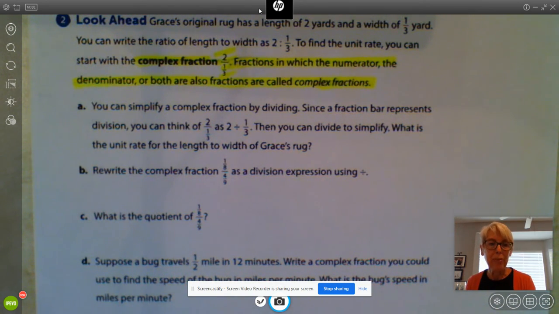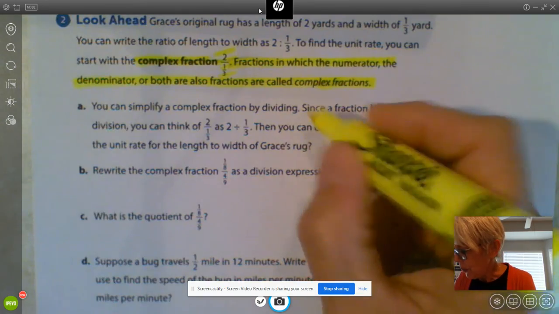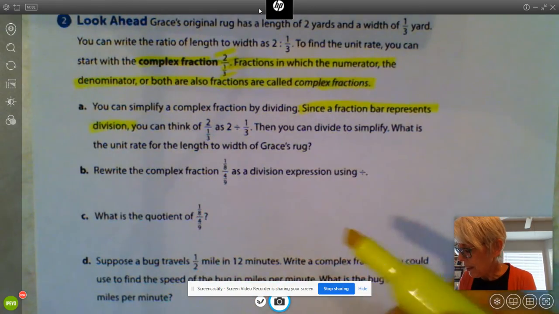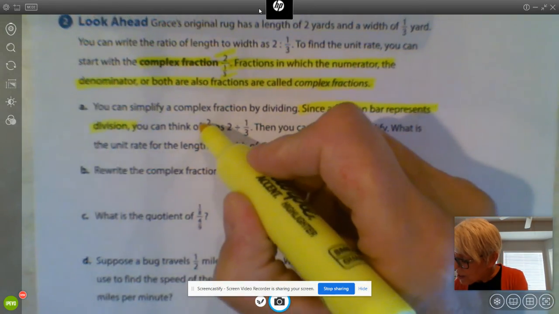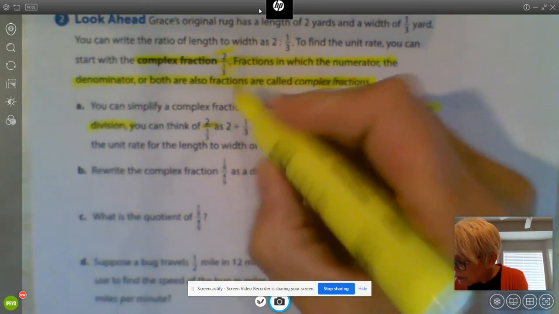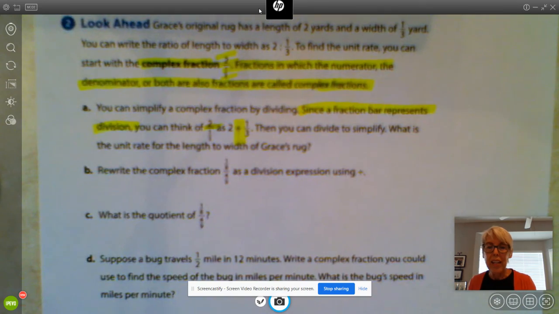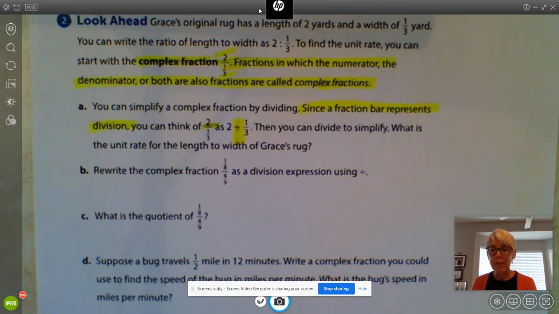So you can simplify a complex fraction by dividing. Since a fraction bar represents division, you can think of 2 over 1/3 as 2 divided by 1/3. I'm going to highlight that as well. It's important stuff. I'm going to highlight just that little fraction bar and the divide sign. Then you can divide to simplify.